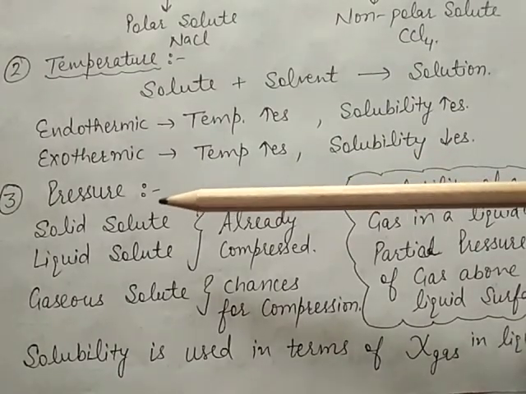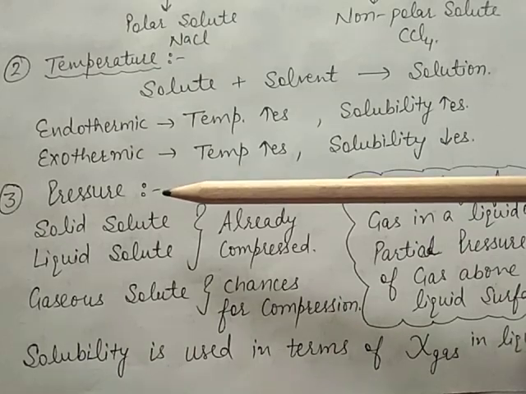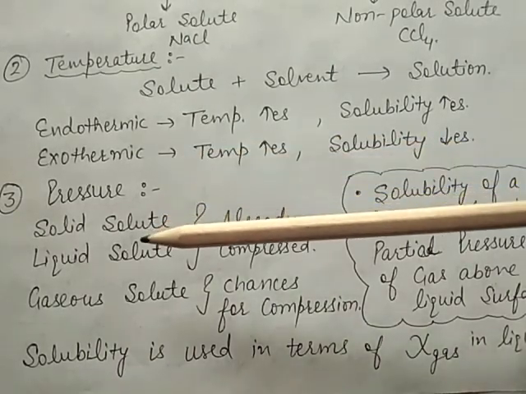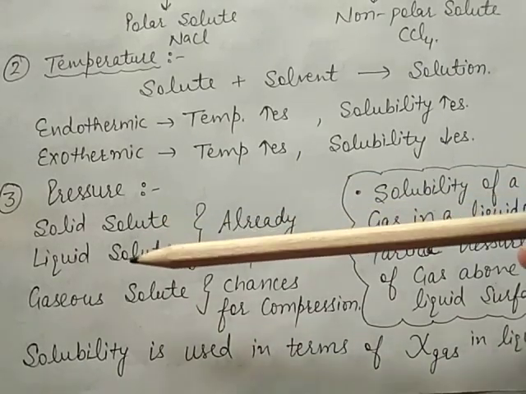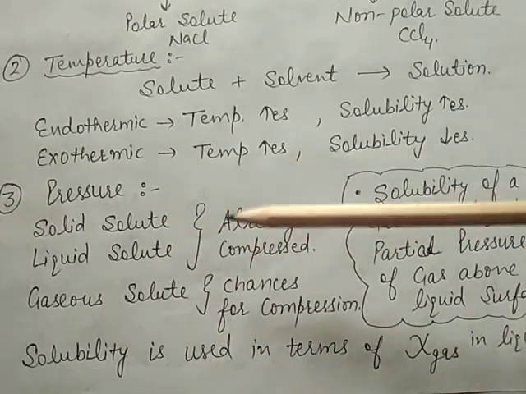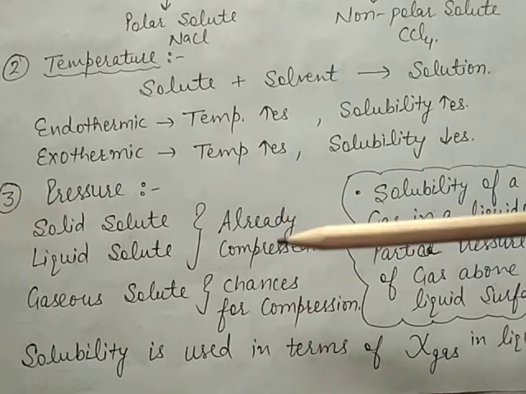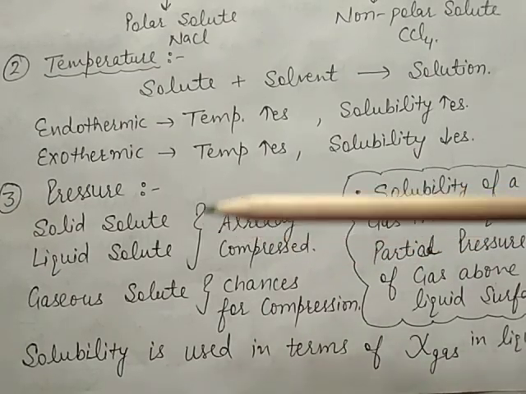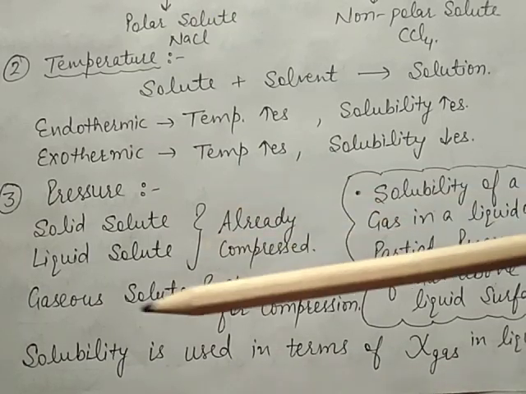Now the third factor is pressure. How does pressure depend on the solubility? In the case of a solid solute and liquid solute, the particles are already compressed because there is no space between the particles.